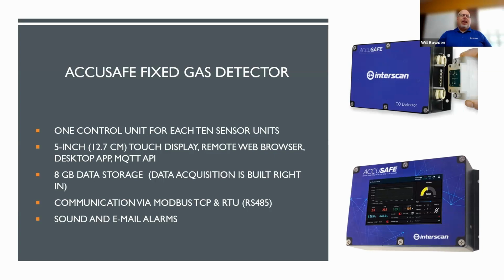It includes 8 gig of data storage. Data acquisition is built right into the control module itself. And the communication is via Modbus TCP and RTU, which is actually RS485. And it includes sound and email alarms. These settings can be set up to send an email alert to contacts set up in their system to let them know that there's an alarm happening and someone needs to go and evaluate the situation.